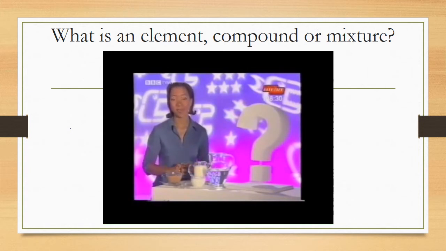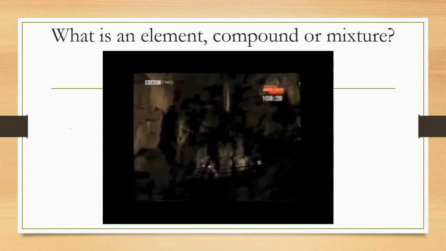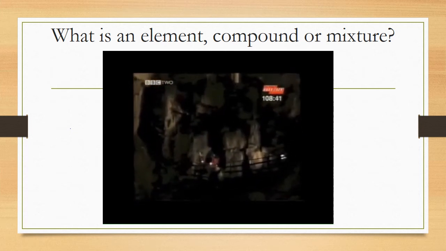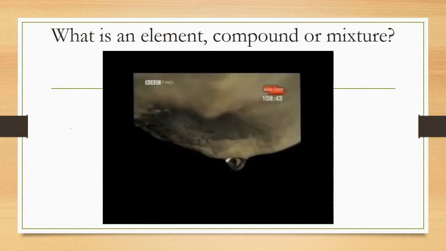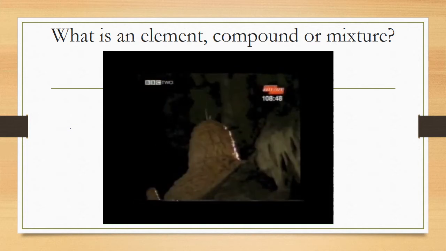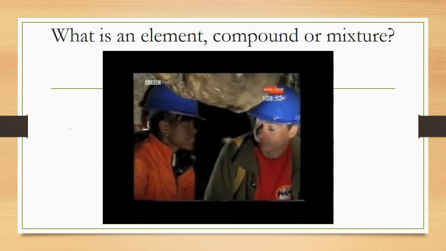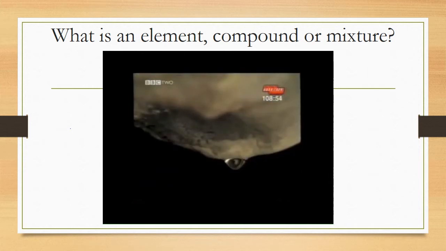In this next clip, Femi goes under the Derbyshire Hills and takes a closer look at the local water supply there. Stalactites are formed by dripping water over thousands of years. The drip of water dries up and leaves behind tiny crystals of calcium carbonate. Calcium carbonate, a compound. So already we know that the local water must contain calcium.